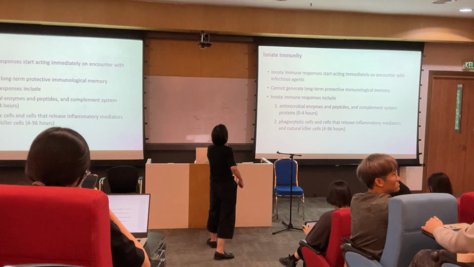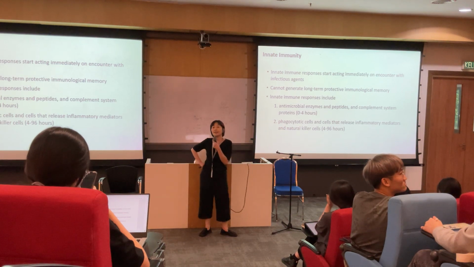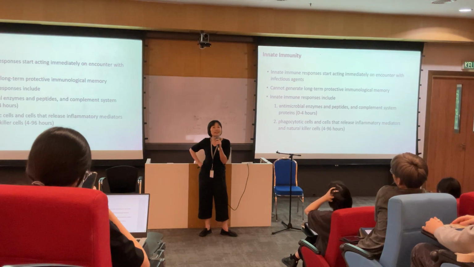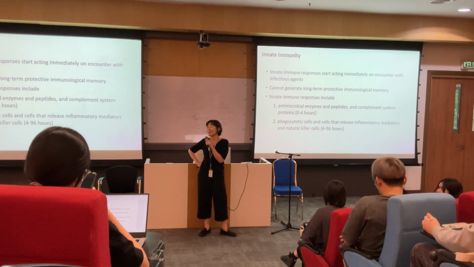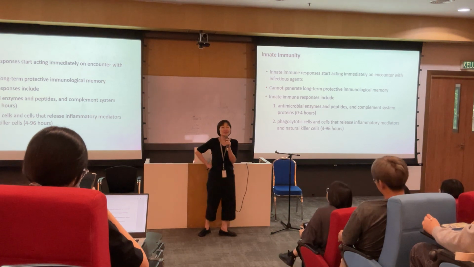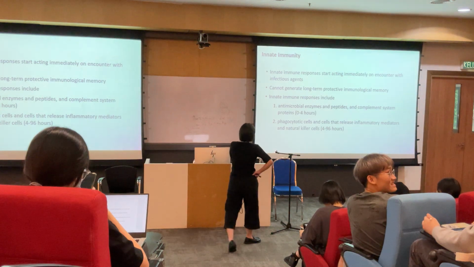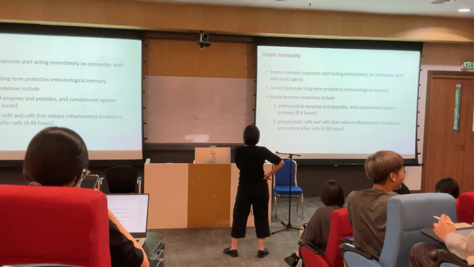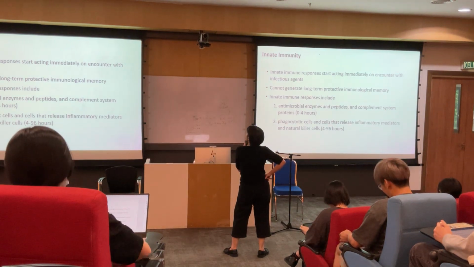Can we resume? Anyone is still sleeping? I counted just now. At least there are 10 of you sleeping just now. Okay, let's start. So this is the second half. I think we have the innate immunity to cover, and then what else?